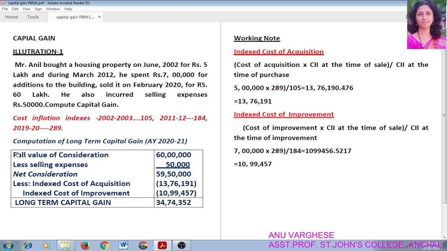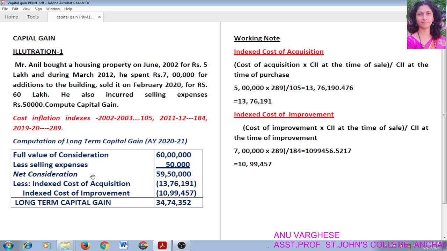From that, we have to deduct selling expenses. Selling expense is rupees 50,000. So, deduct 50,000 from 60 lakh. We are getting 59 lakh 50,000, that is net consideration.